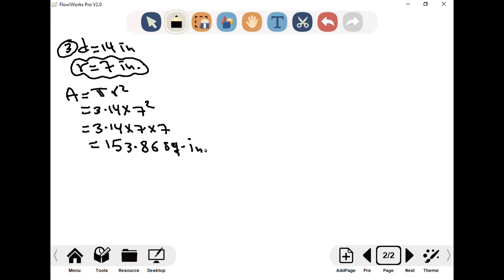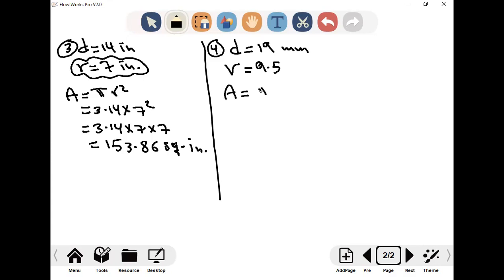Question 4, it is the same idea. Question 4, we have the diameter here. How much? 19 millimeters. I want the radius, which is 19 divided by 2, I mean half of 19. It is 9.5. Do you understand? So here the radius is 9.5. Now apply the formula, pi r to the power of 2. 3.14 multiplied by 9.5 all to the power of 2.